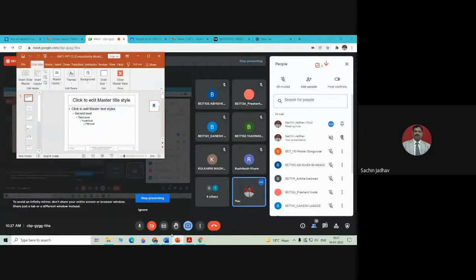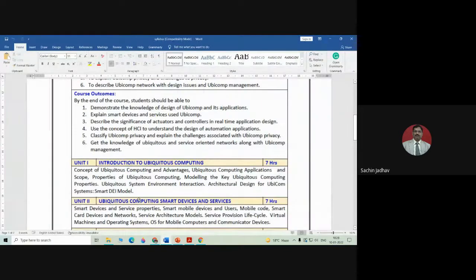So here we are discussing the basic key properties. We will discuss them one by one, like distributed, autonomy, right? Autonomous, meaning it should be done automatically. We'll discuss the 5 different properties one by one in detail. That means context awareness is required.